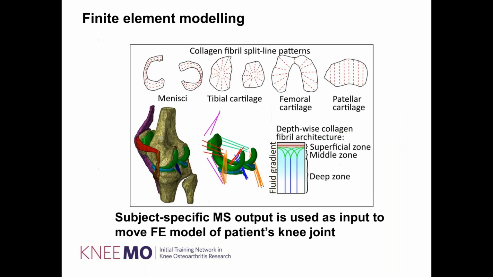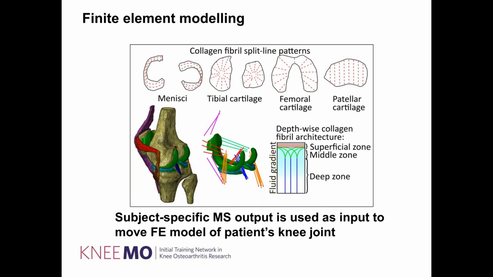And we actually use a fairly detailed and sophisticated material model for all the soft tissues. The model is called fibril reinforced poroviscoelastic model, which is a biphasic model that takes into account many of the cartilage's features, including the depth-wise collagen fibril architecture, proteoglycan distribution, the water content, and you can do all of that stuff even depth-wise, so you can vary it as a function of the depth.